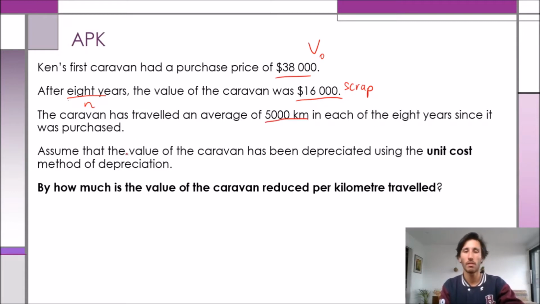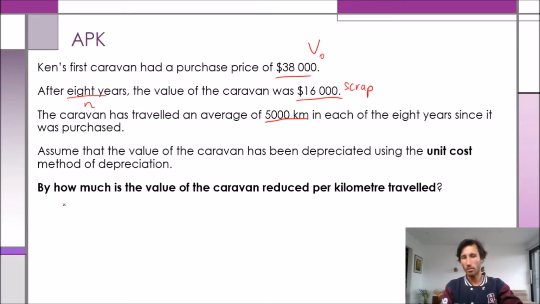Okay, so this is a bit interesting, a bit of a mix of N, number of years, and unit cost. Assume that the value of the caravan has been depreciated using the unit cost method. By how much is the value of the caravan reduced per kilometre travelled?